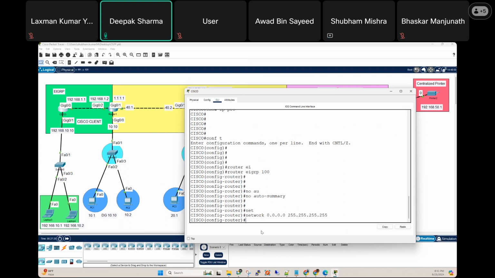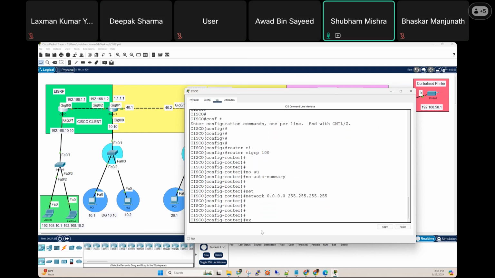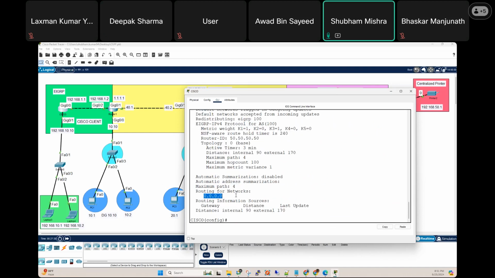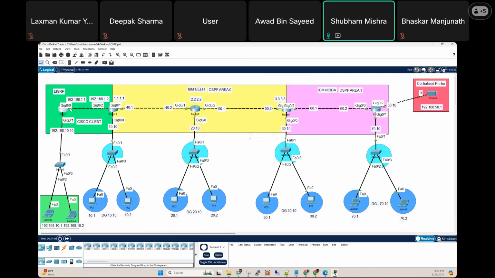There is no concept of area. Show ip protocol. See, EIGRP 100 is there, router ID is 50, and we advertise all the routes in EIGRP. On this router I configured EIGRP. What is the AS number? 100, right?